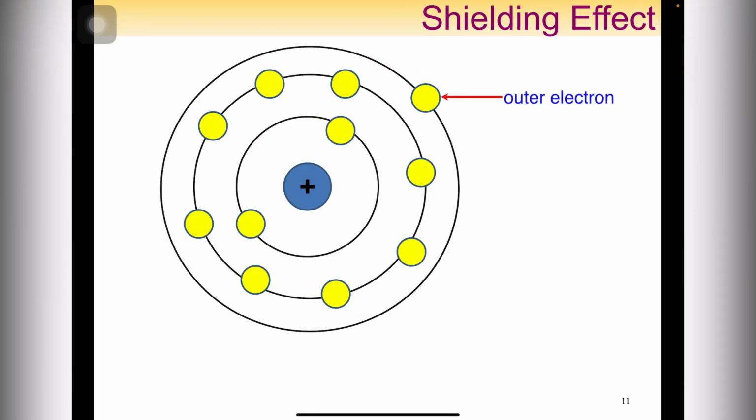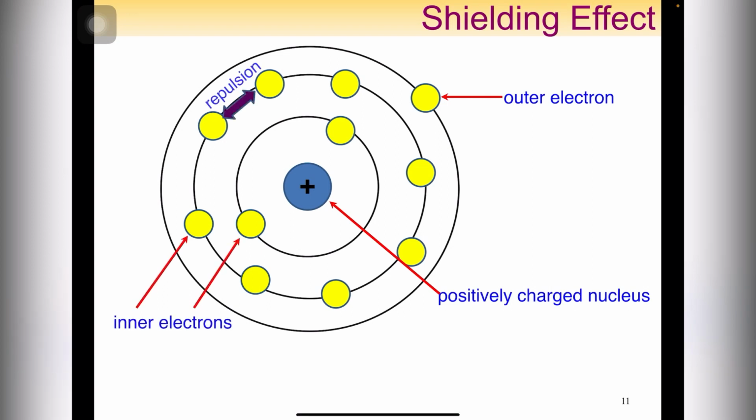Let's say this one is the outer electron, we have the positively charged nucleus, and this one is the inner electron. As I told you, the charge of the electron is negative, so between the electrons there will be repulsion.